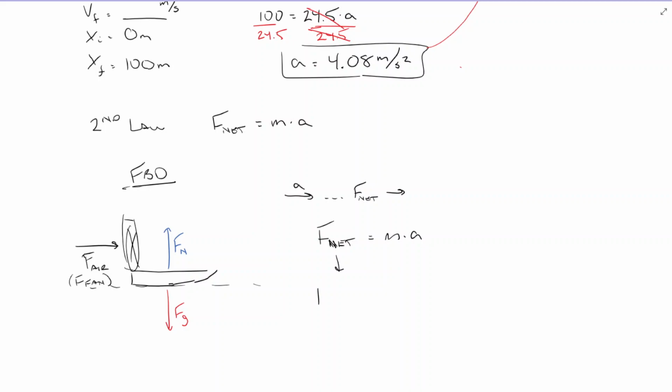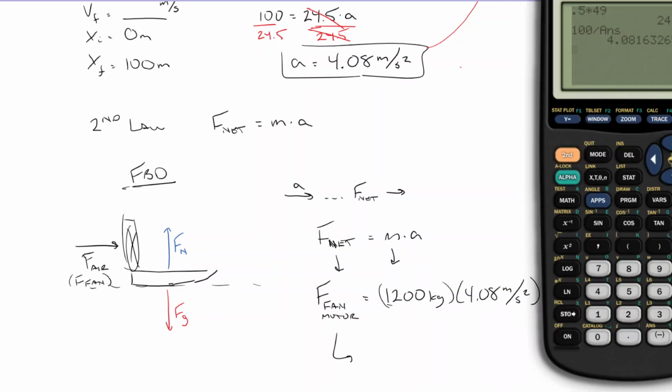But F net is really the force of that fan motor, right? The fan motor is what is causing that unbalance of force. And that is causing the mass of this boat, which we know is 1,200 kilograms, to accelerate. And we found that acceleration. It's 4.08 meters per second squared. And so we can now calculate and find our answer.